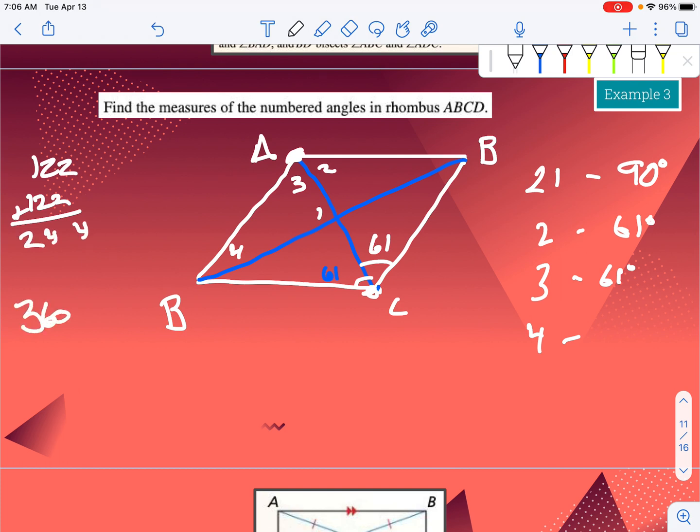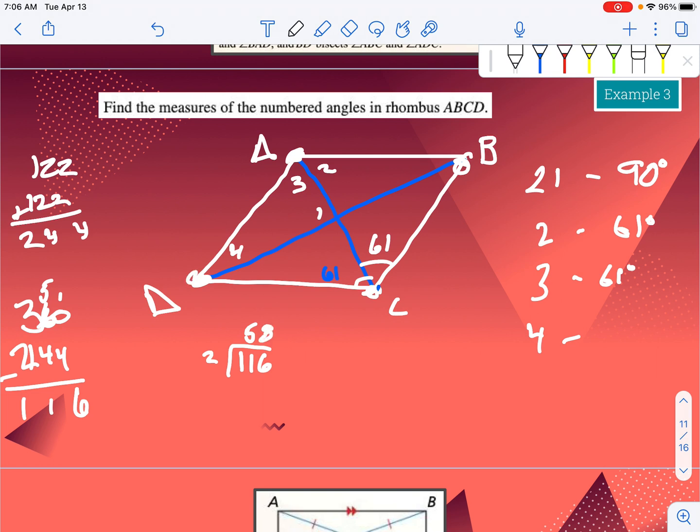So we have 116 left over for those other angles, for D and B. So let's see, we need to do 116 divided by 2.